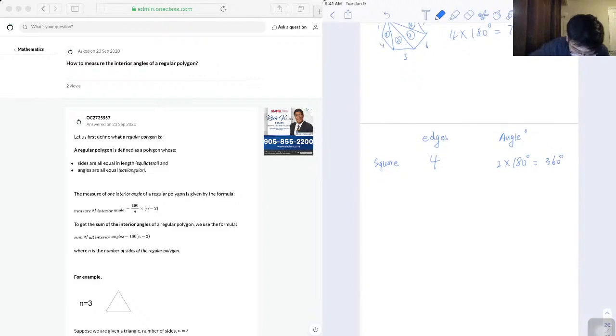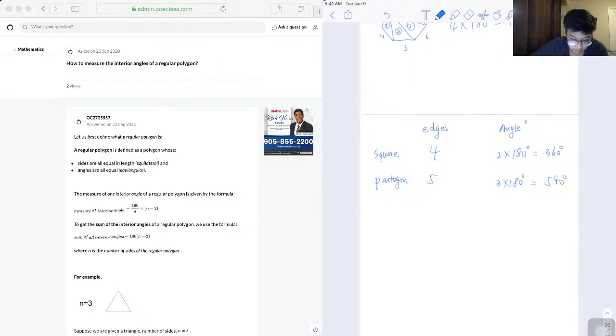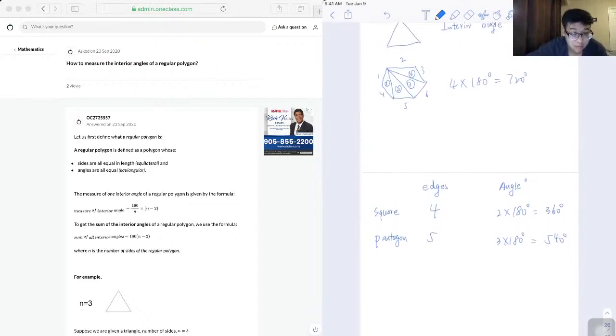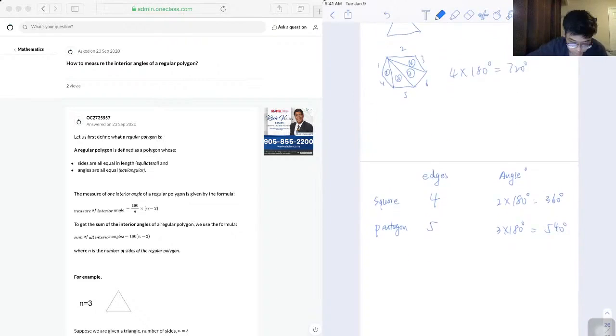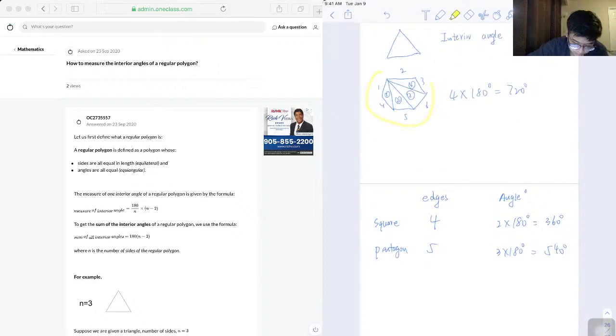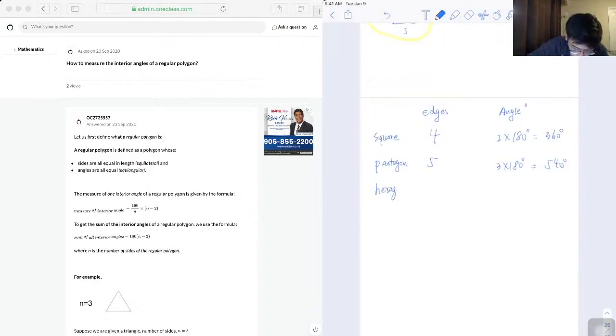And if we got a pentagon, which means I have 5 angles, the angle sum will be 3 times 180, which is equal to 540. And if we got a hexagon, which we just talked about, where we have 6 angles, that becomes 4 times 180, which equals 720.